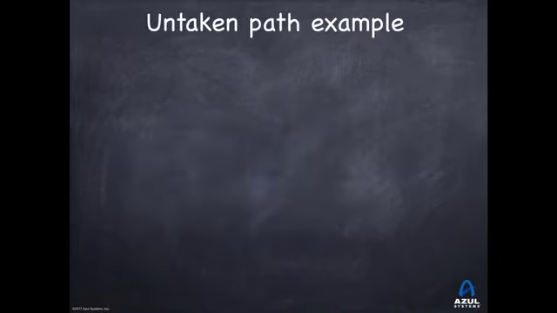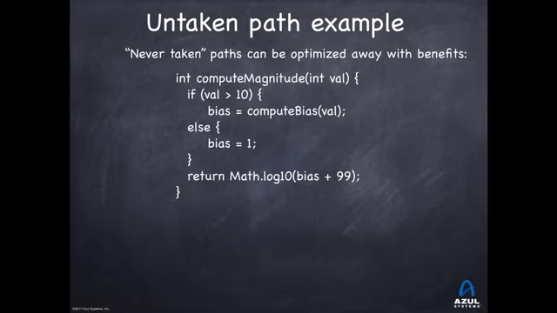So the first of these is what we call the untaken path example. Now, here's a rather convoluted example that we've created to demonstrate how this will work. We've got a method called computeMagnitude. We pass a value to that, and then we test to see if the value is greater than 10.